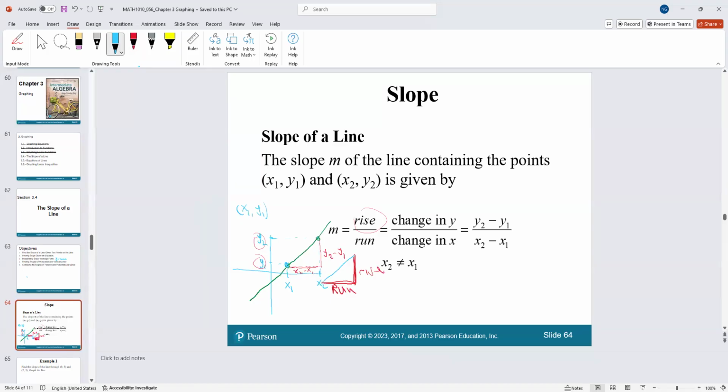That's why we call m the slope of the line. So m is rise over run, or the change in y over the change in x. This is a formula that you need to write somewhere because you're going to need it from time to time when you do algebra. You either need to remember all the formulas or write them down. So take a look at this.